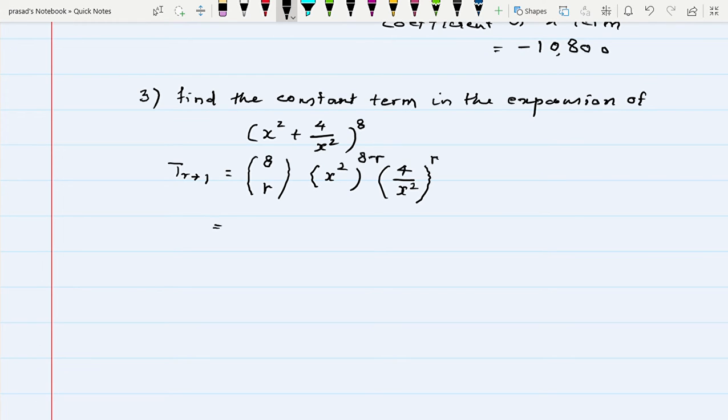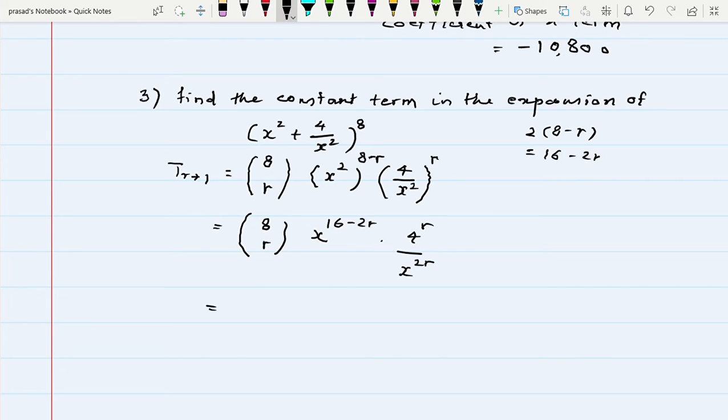Now x to power 2 and 8 minus r get multiplied, and that will be x to power 16 minus 2r. 4's power will be r, upon x to power 2 to power r, that will be x to power 2r.